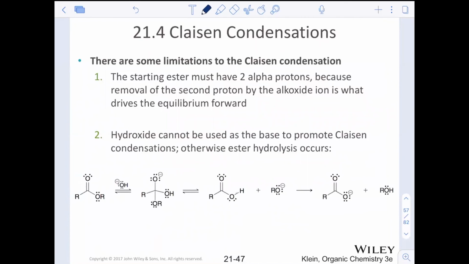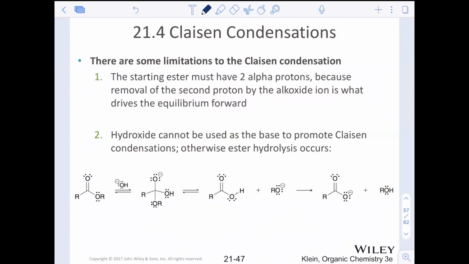But it is really important to know why we have that acid workup. Some limitations to Claisen: the starting ester must have 2 alpha protons, because removal of the second proton by the alkoxide ion is what drives the reaction forward. If we did not drive that reaction forward with the last deprotonation step, we wouldn't get the Claisen reaction. Hydroxide cannot be used as the base because of what we noted before.